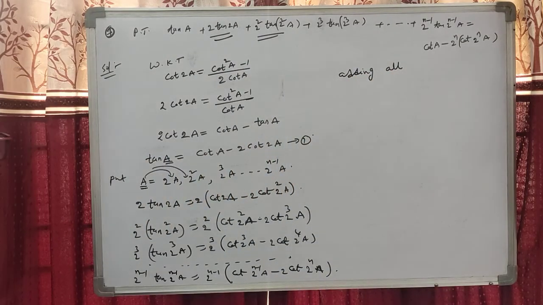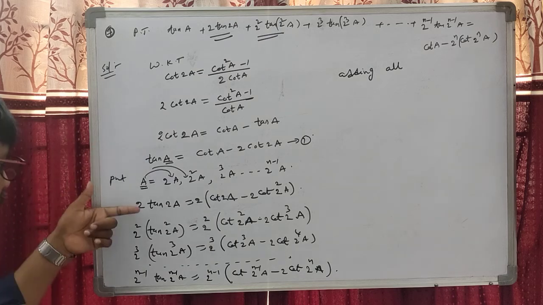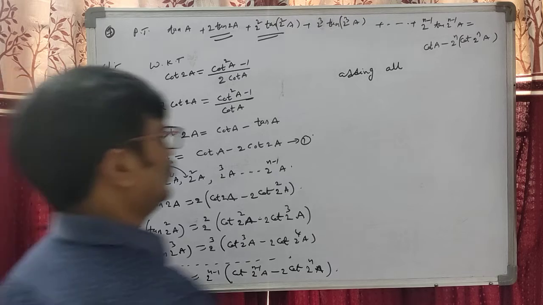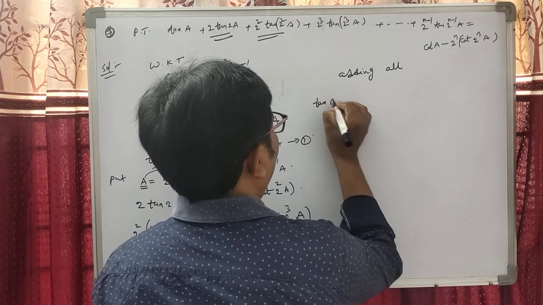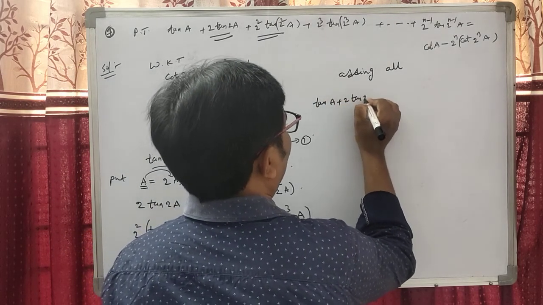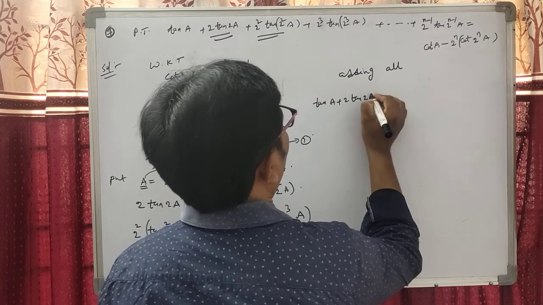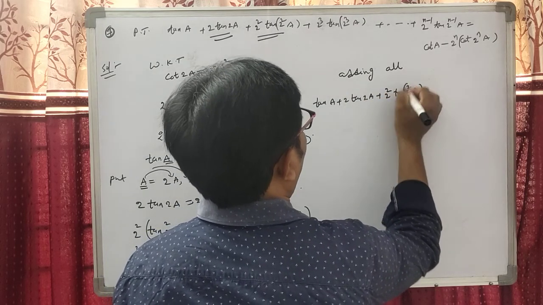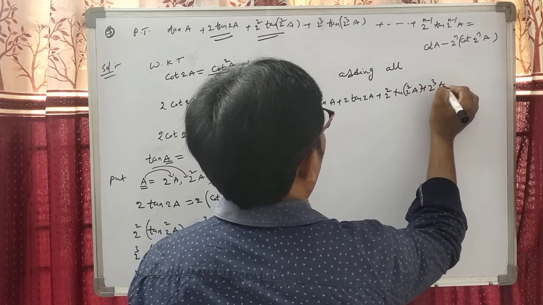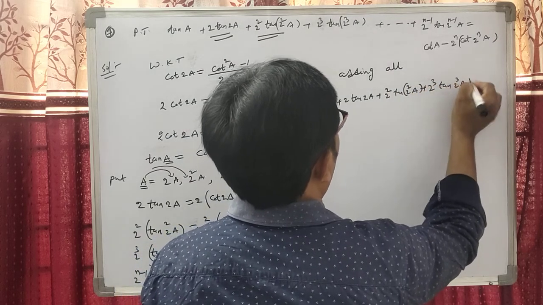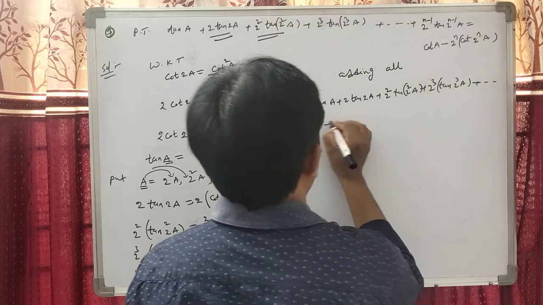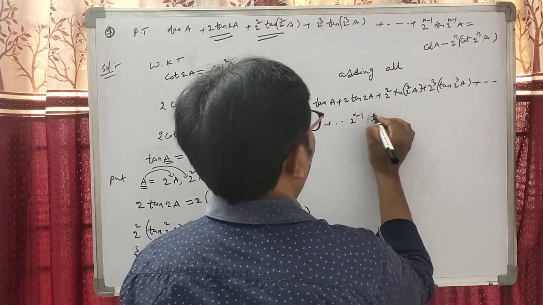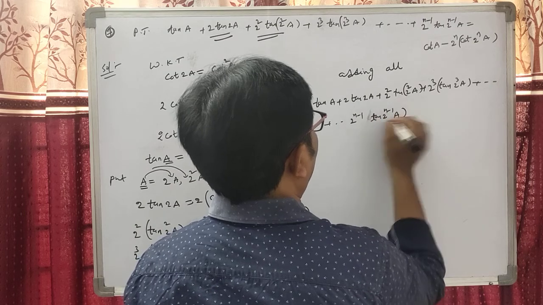So, students, first the left hand side is there: tan a, 2 tan 2a, 2 square tan 2 square a, 2 cube tan of 2 cube a, and so on, up to 2 power n minus 1 tan of 2 power n minus 1 a.